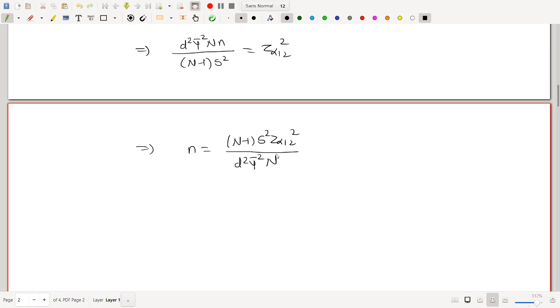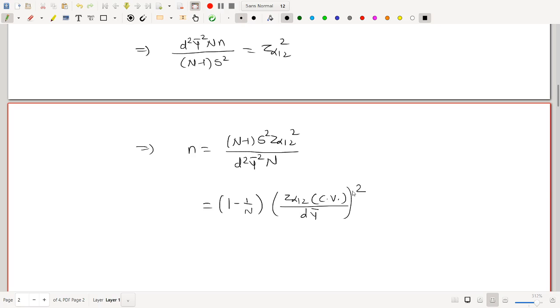So I can write this n minus 1 upon n as 1 minus 1 upon n, into this S upon Y bar, which is actually our coefficient of variation. So we can write this as z alpha by 2 into coefficient of variation divided by d, whole bracket square.